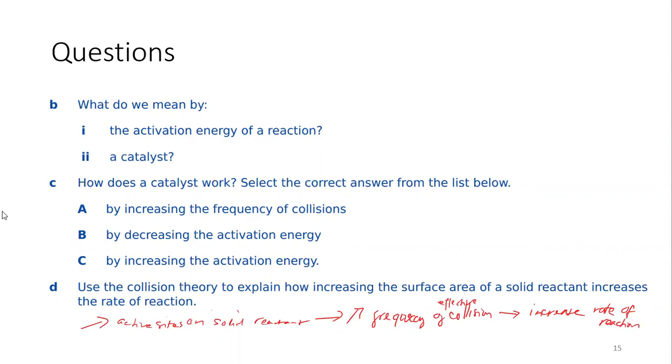So when we increase the surface area of solid reactants, it increases the active sites on the solid reactant available for more effective collisions, and then it increases the rate of reaction as a result. Good.